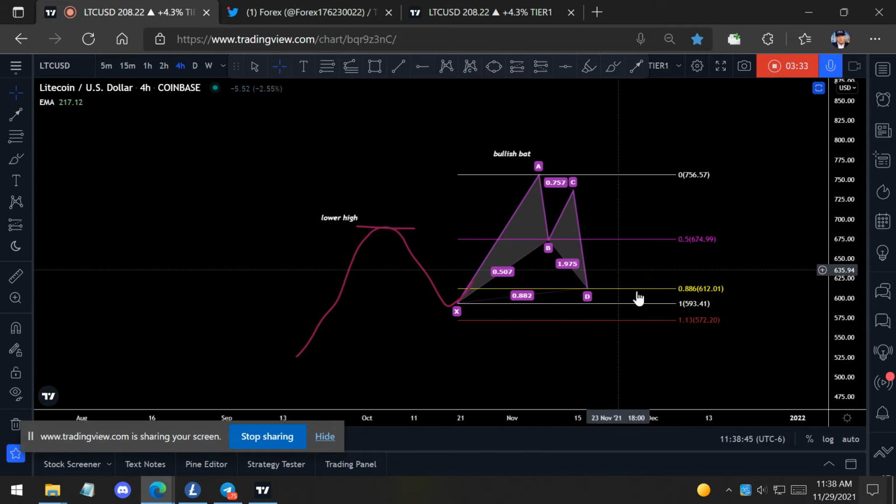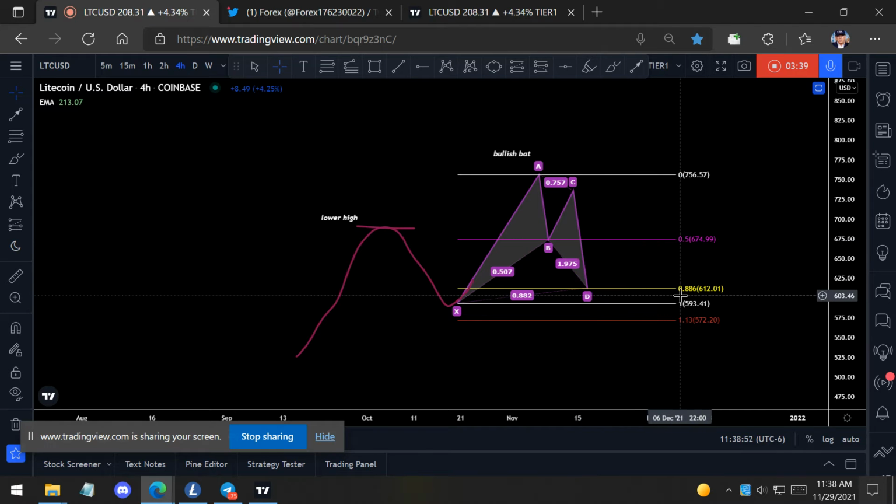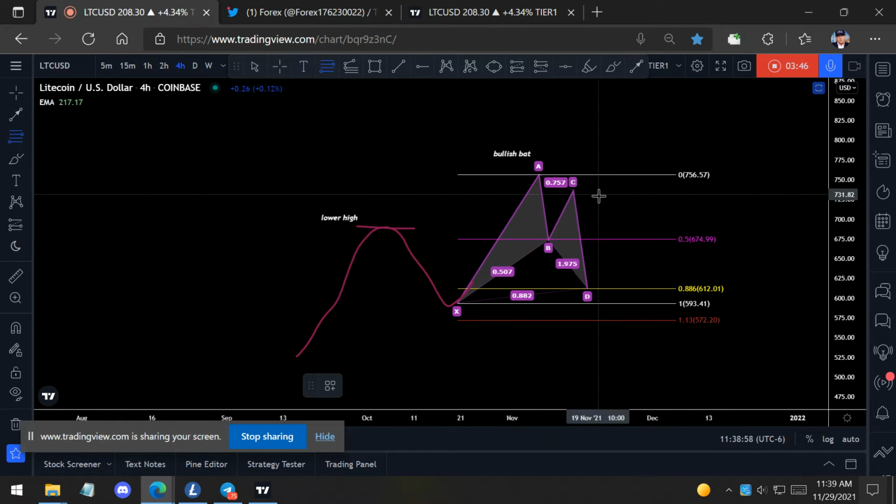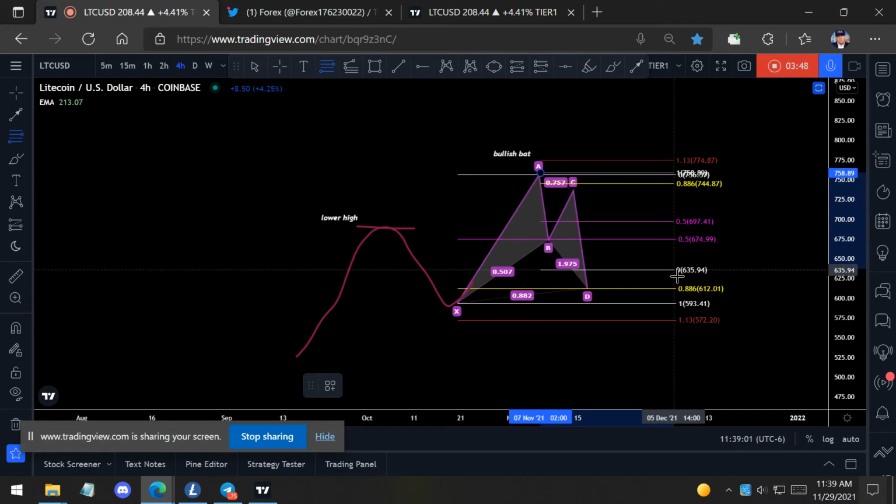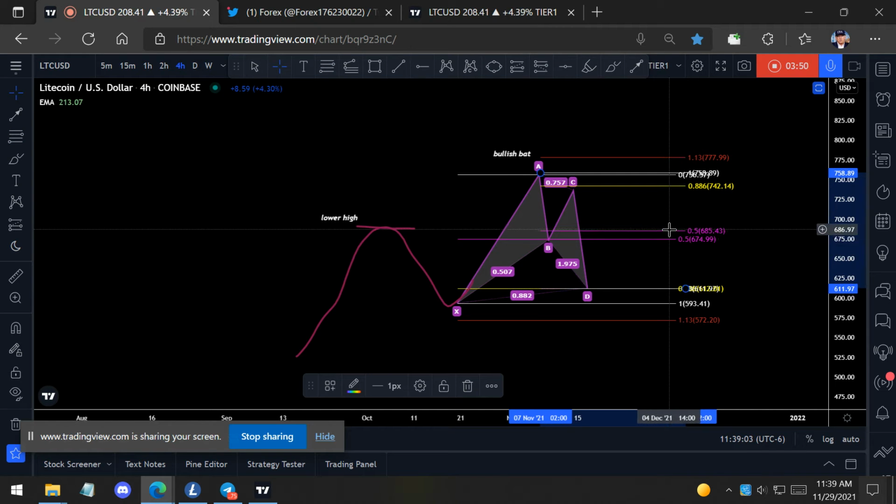If we can get a retracement to the 88.6, then our profit taking levels will be the 38.2 and the 61.8. And we get that from measuring from the A leg to the D leg.